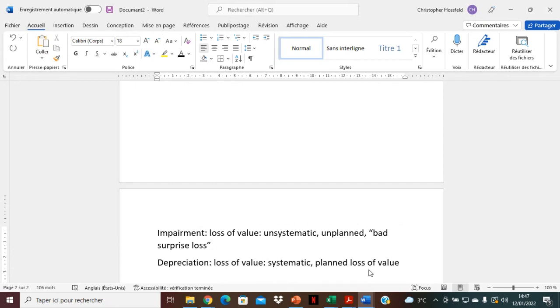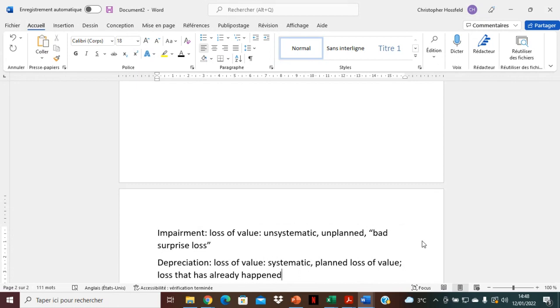There's also a difference in horizon, in perspective. A depreciation is accounted for a loss that has already happened. On December 31st, we depreciate the asset because during the year we use the asset. That's why the book value of the asset at the end of the year is lower than it was at the beginning of the year.